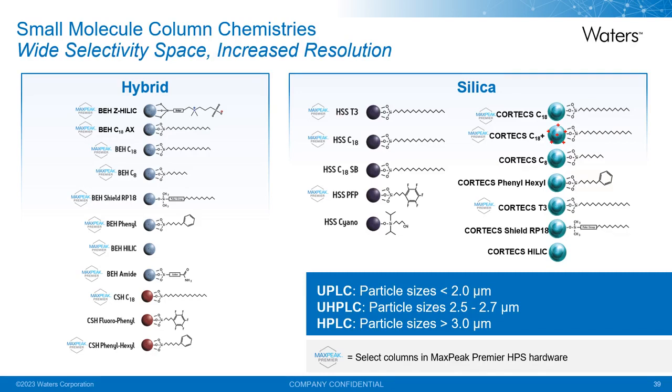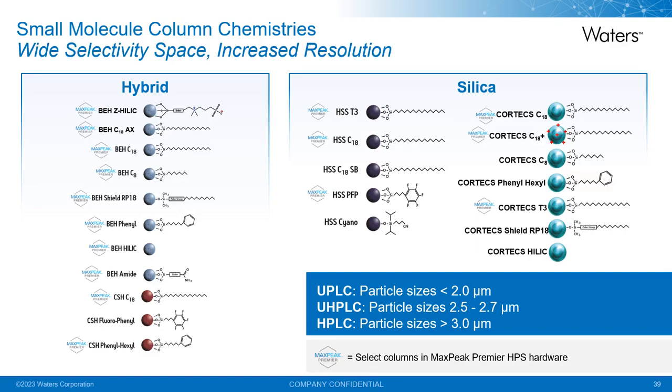So there are 11 hybrid particles. There are 8 based on the BEH particle, 3 based on the CSH or charged surface hybrid particle. There are 12 silica-based particles, comprised of 5 HSS or high-strength silica, 7 Cortecs or solid core particles.